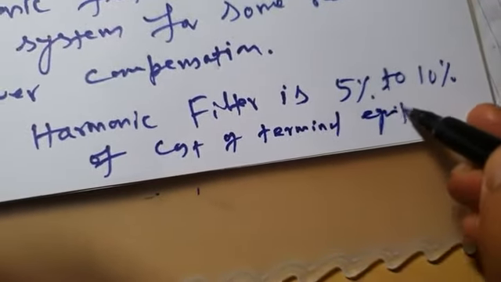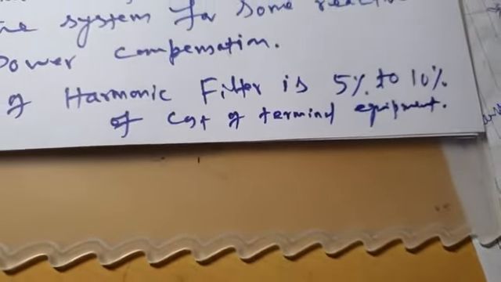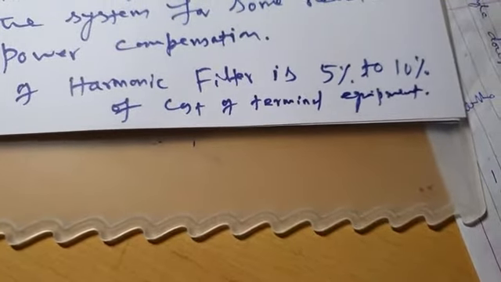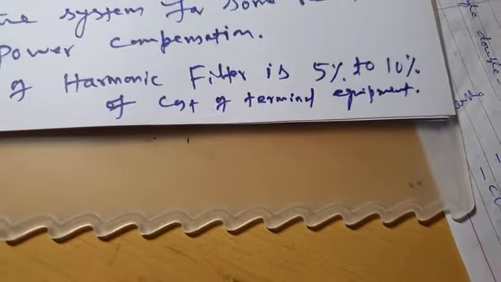Your terminal equipment comprises converters, converter transformer, etc. If the cost of terminal equipment is say $1,000, then the cost of the harmonic filter that you are putting there for suppressing a particular harmonic and providing some reactive power compensation is 5 to 10% of the cost of terminal equipment.